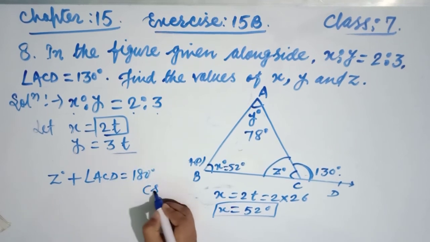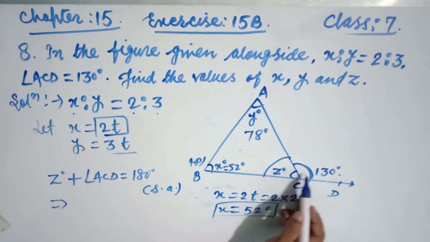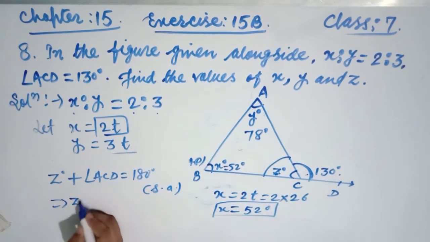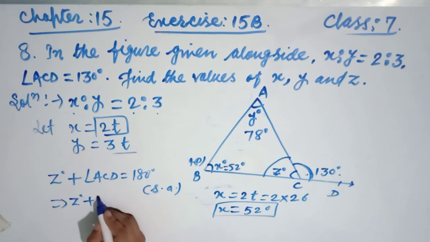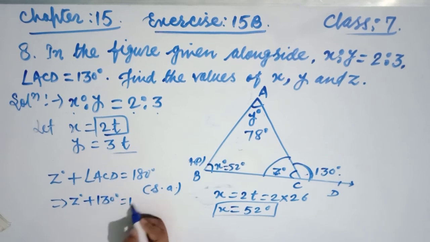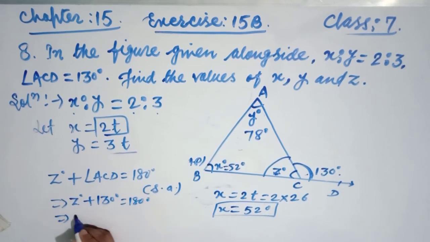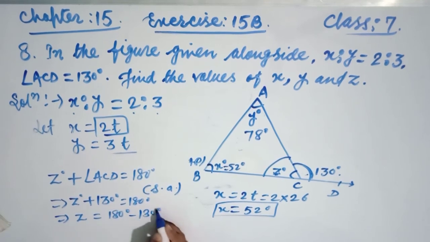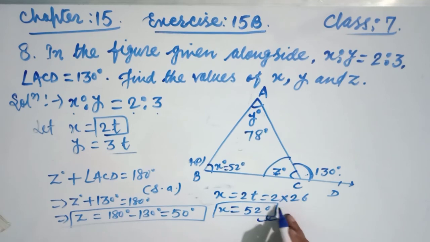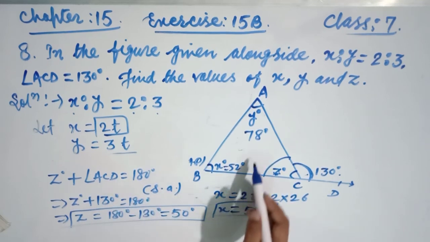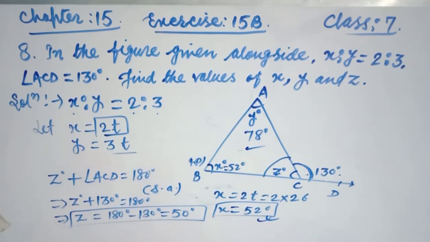Reason: a straight angle, S for straight, A for angle. The sum of these two angles is 180 degree. Z as it is, angle ACD is 130 degree, equal to 180 degree. So z is equal to 180 minus 130, which becomes 50 degree. Now the value of z is 50 degree, the value of x is 52, and the value of y is 78. So these are the answers to this question.